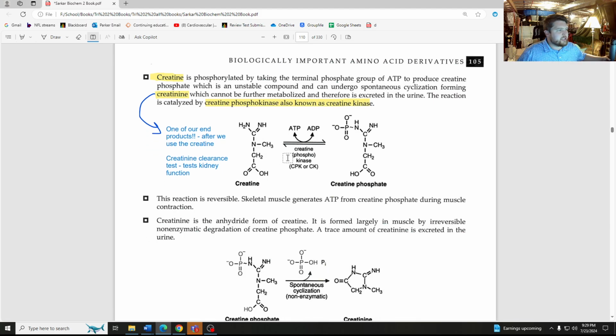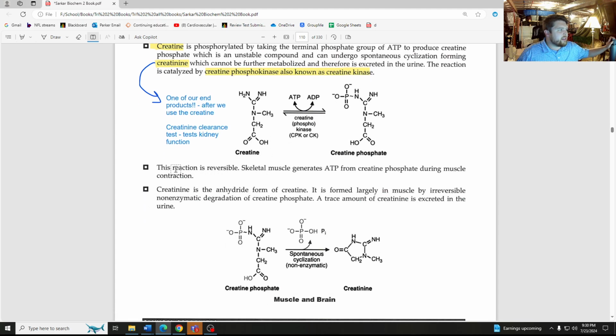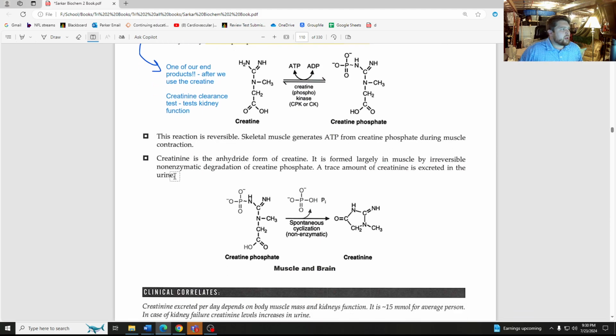Between creatine and creatine phosphate, this reaction is reversible, and the skeletal muscle generates ATP from creatine phosphate during muscle contraction. Creatinine is what's called the anhydride form of creatine.